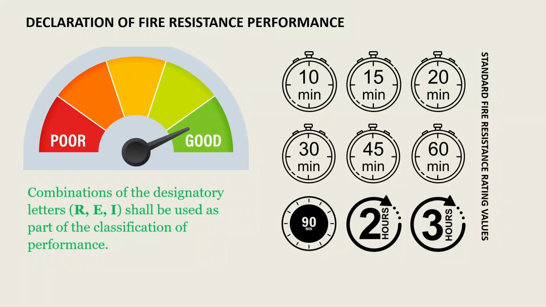The performance is classified as a combination of the designated letters R, E, and I: load-bearing capacity, integrity, and insulation. The classification ranges from as short a time as 10 minutes to longer times up to 3 hours. Thus, they help us determine the suitability of materials for specific fire safety requirements.